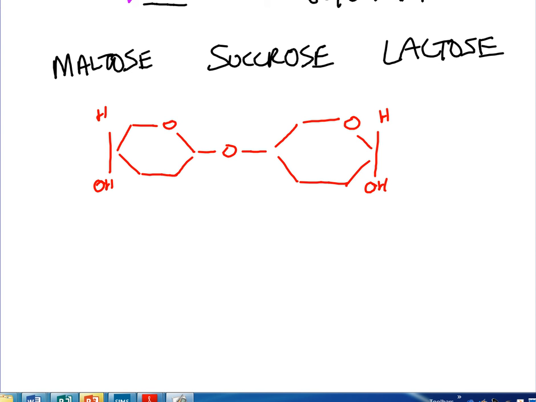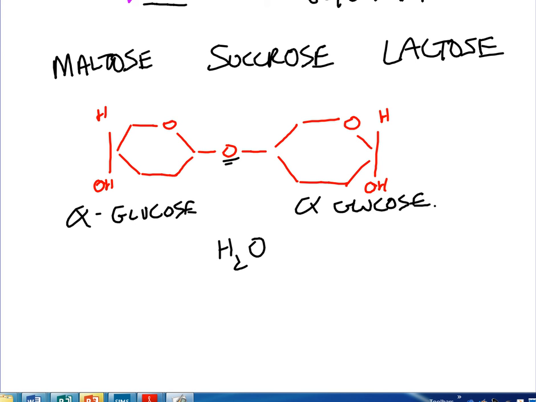We're looking at 2 alpha glucose molecules here. That's where this little alpha bit comes in prior to that. We've got alpha glucose there and alpha glucose here, and what that represents in the middle is what's left over once a condensation reaction has happened. So remember, a condensation reaction is when water is produced.